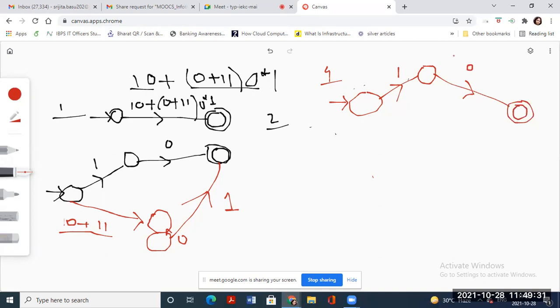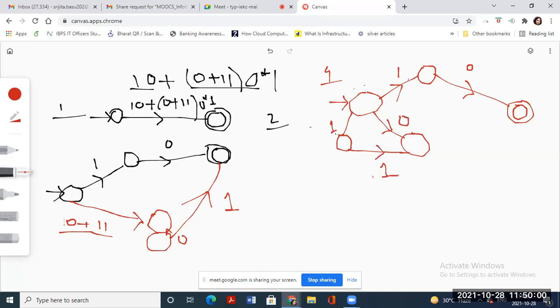So for the last step, we will try to break this down. We can either have a path via 0 or via 11. So let's take a path via 0 coming to a state, or a 1 1 reaching the same state.